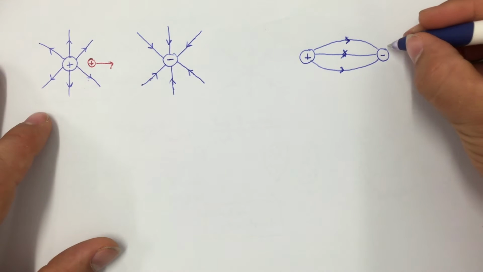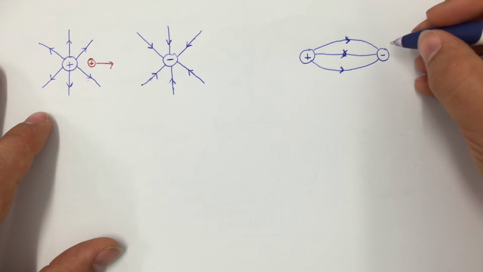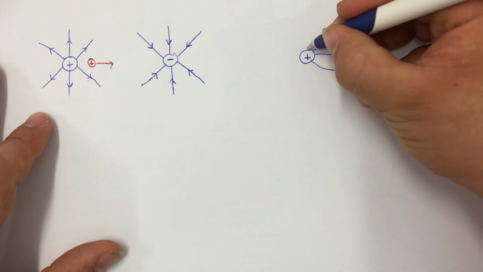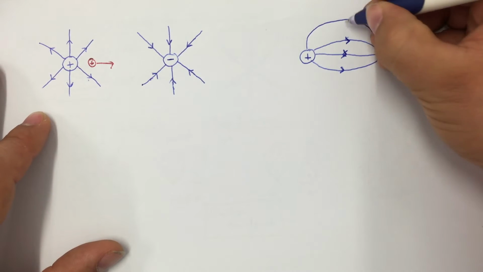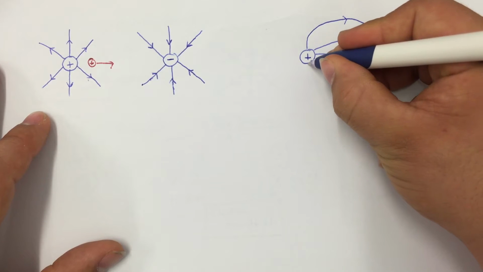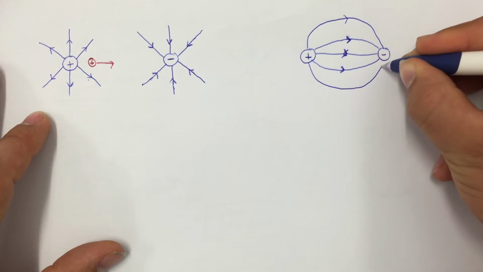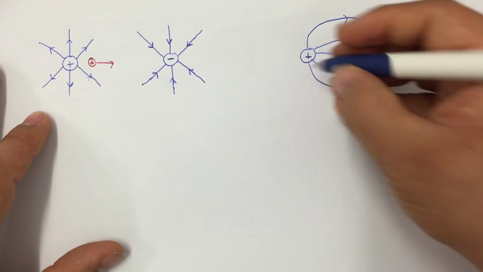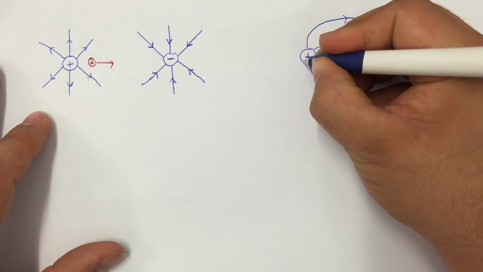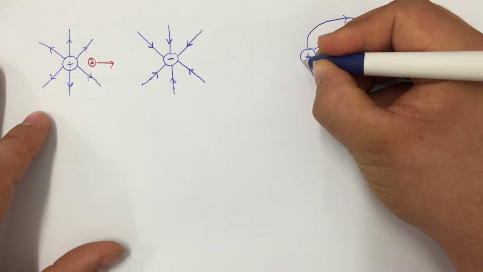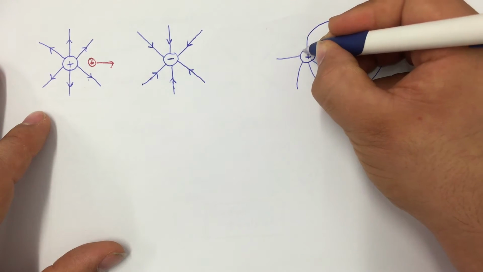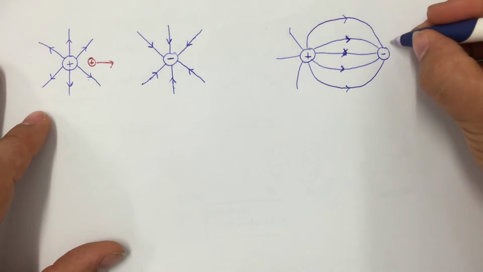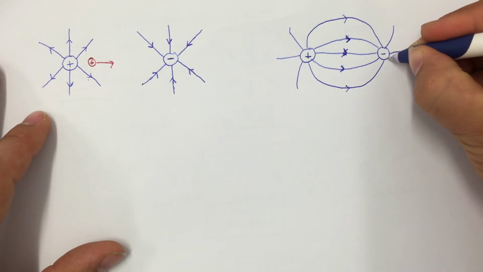But they will also be coming out of the object at other points. So I will have much larger field lines. The one up here will form a much larger field line into the negative, and then some of the points that would have been out here will still be out there.